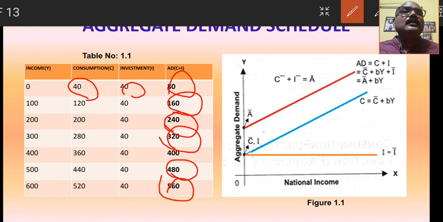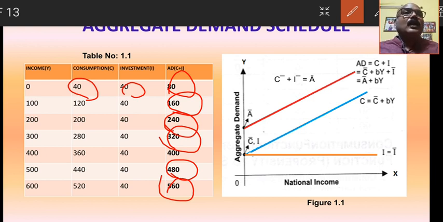I think you understood. So the last column represents the aggregate demand. So aggregate demand is equal to consumption plus investment, C plus I. You just add C and I, you will get the aggregate demand.